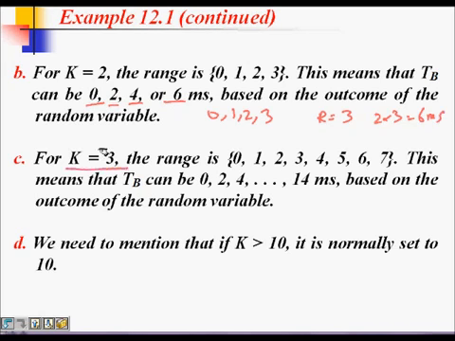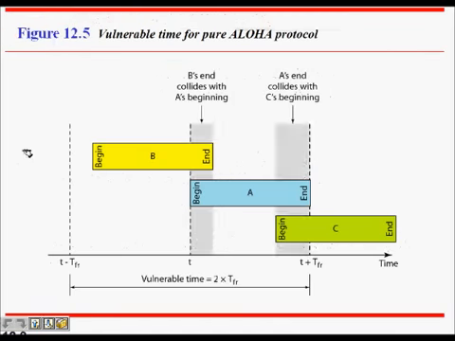If our attempts was 3, r will be from 0 to 7, and then we will be waiting anywhere from 0 to 14 milliseconds. And when k is greater than 10, we set k equal to 10. So this is there.